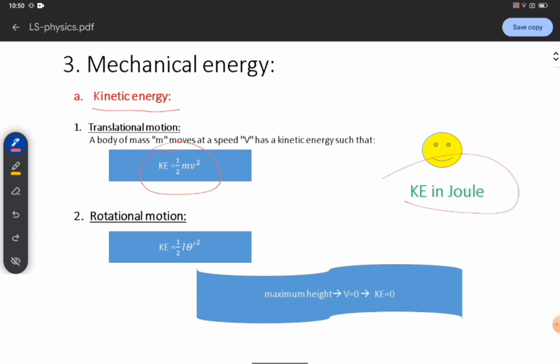All energy, the unit of energy is joule. Rotational motion is not required. At maximum height, at maximum elongation, at maximum compression, at maximum altitude, in all these cases, the velocity equals 0, then the kinetic energy equals 0.